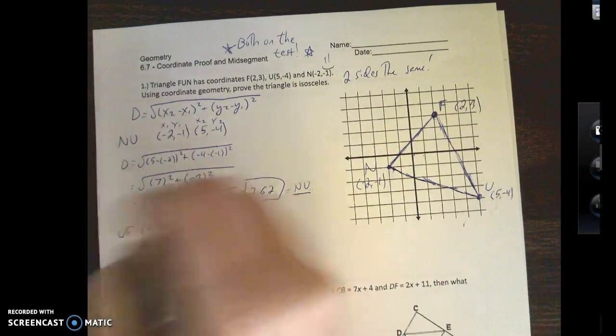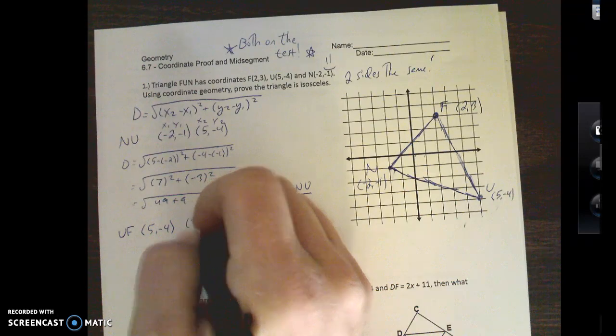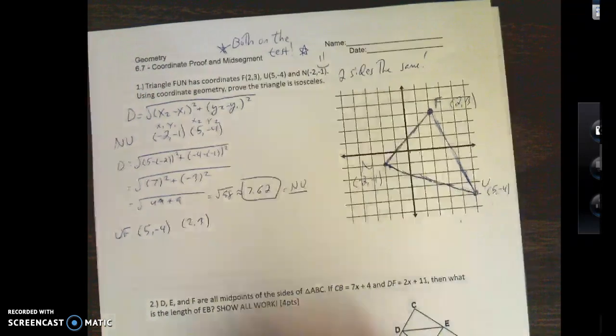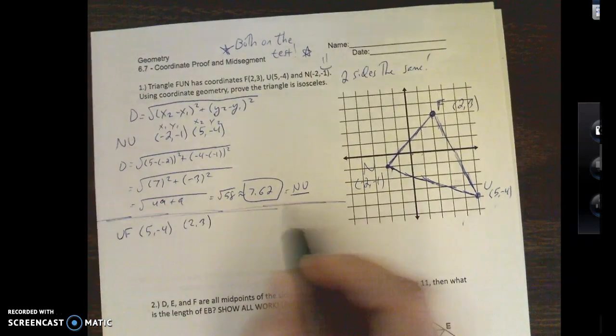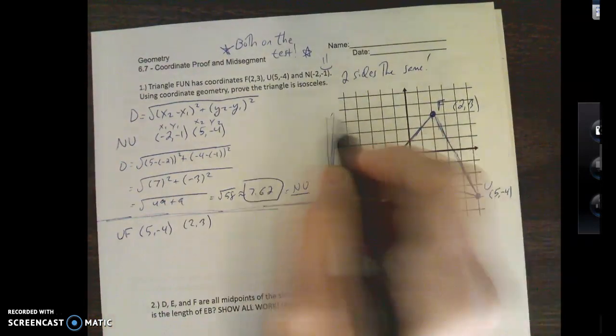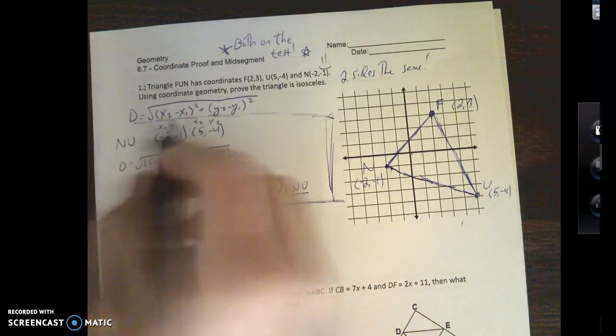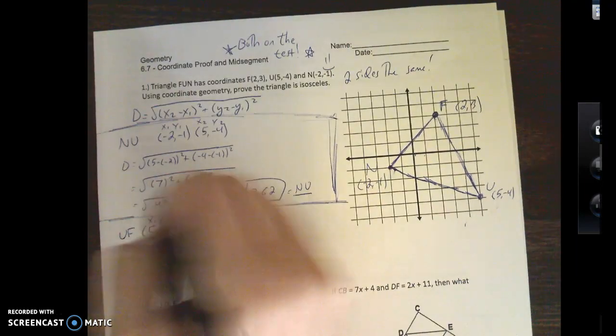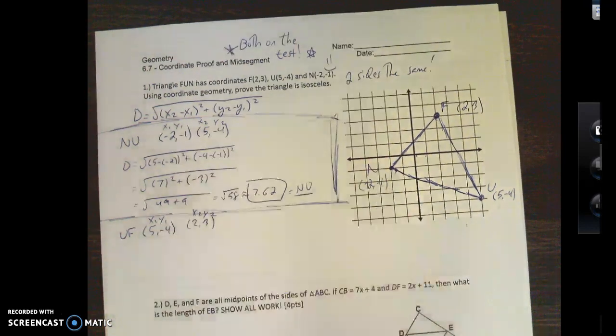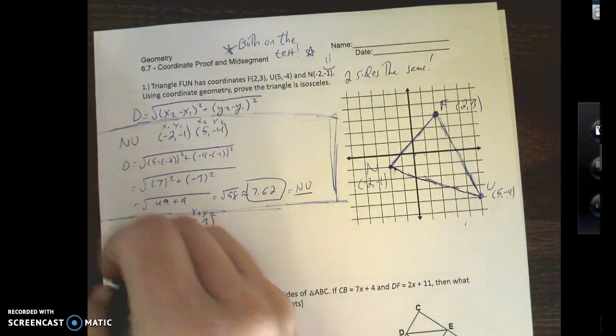5, negative 4, 2, and 3. Okay, so this was all for the first part. Okay, so here's my second part. X1, Y1, X2, Y2. I'm just back to doing the same idea here.